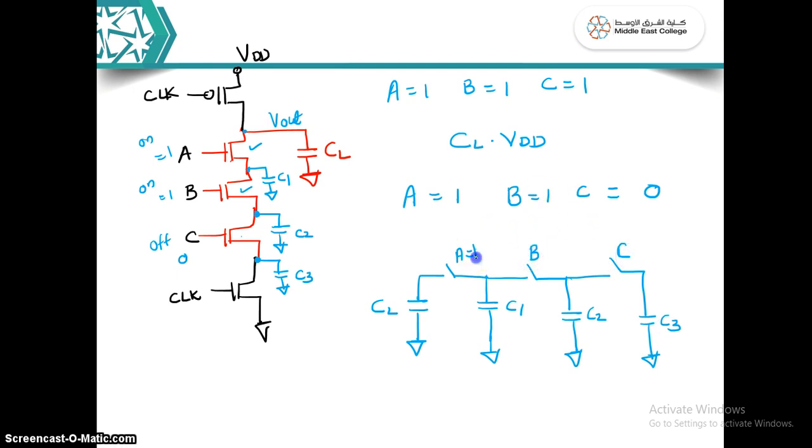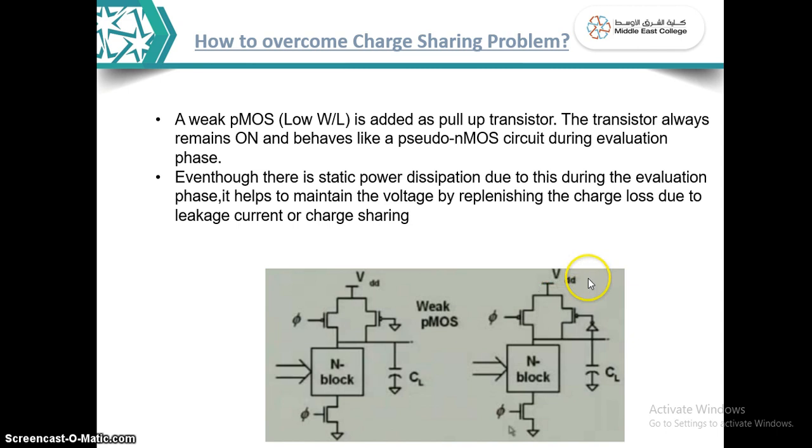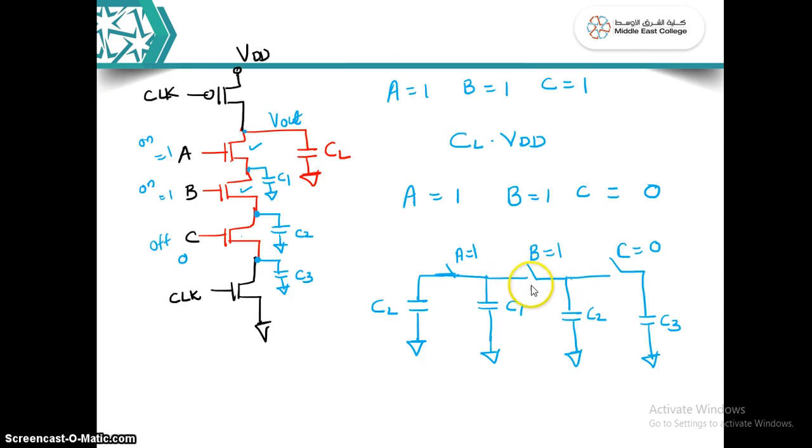Now we are taking the condition A equal to 1, B equal to 1, and C equal to 0. So A is closed, and B is also closed. If these two are closed, the charge CL VDD stored in the capacitor CL will be redistributed across C1 and C2.